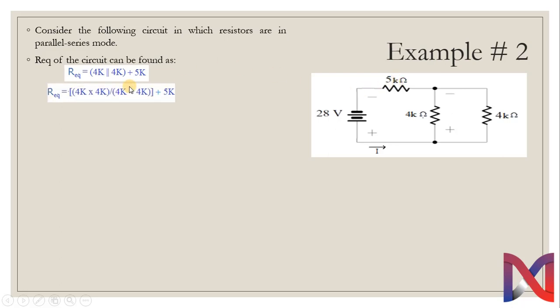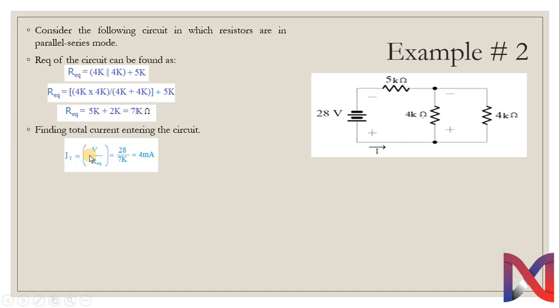So R equivalent of the circuit will be 5 kilo ohm plus 2 kilo ohm, equal to 7 kilo ohms. Now finding the total current entering into the circuit, we can apply Ohm's law. IT is equal to V divided by R equivalent. So 28 volts divided by 7 kilo ohm, we get 4 milliampere as our total current entering into the first resistor or entering into the circuit.